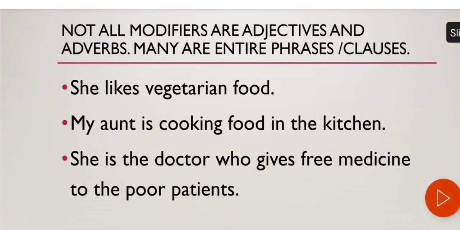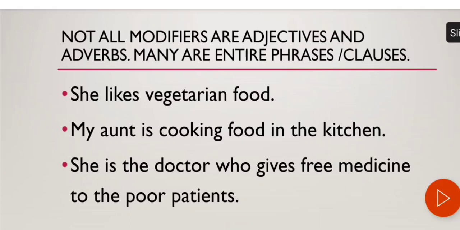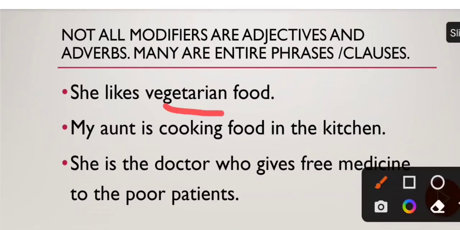One thing I want to clear, vegetarian food. What kind of food? What kind? So adjective. Vegetarian is functioning here as an adjective. It is describing food. Okay. The rest is clear.